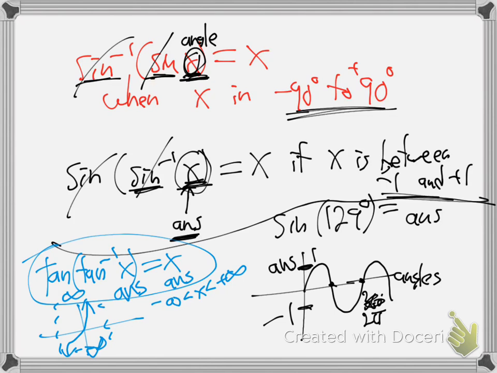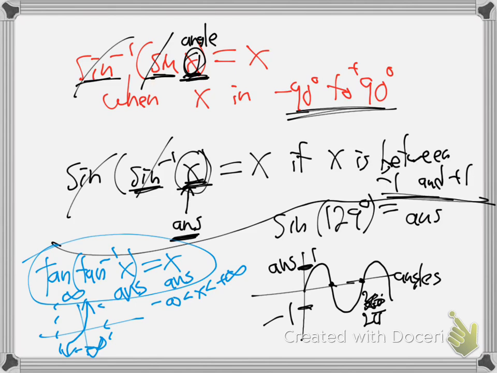Is this too much information too fast? Are you seeing all this? So when they give you the sine inverse of the sine, or the cosine inverse of the cosine, or the tangent inverse of the tangent, they put the same trig function together, the regular and the inverse, and they're asking you, do they just cancel and it's just x? Most of the time, yes. How do we know when? As long as the x is in the zone.